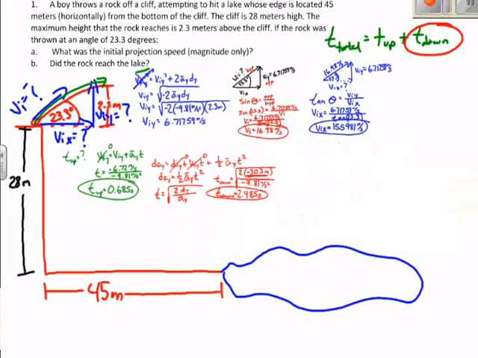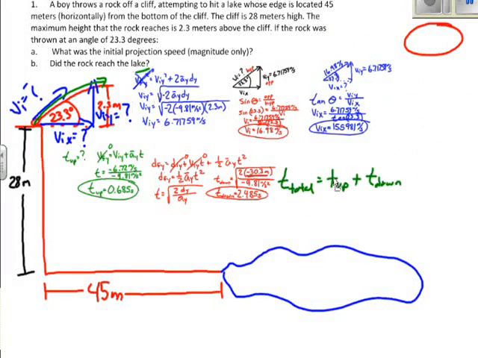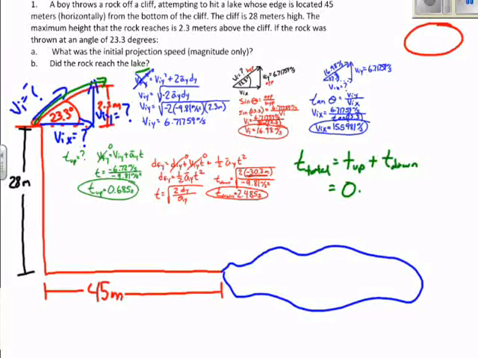So our total time now, again, is our time up plus our time down. So we're going to add our 0.685 seconds plus our 2.485 seconds, and we find that the total time this object is in the air is about 3.17 seconds.